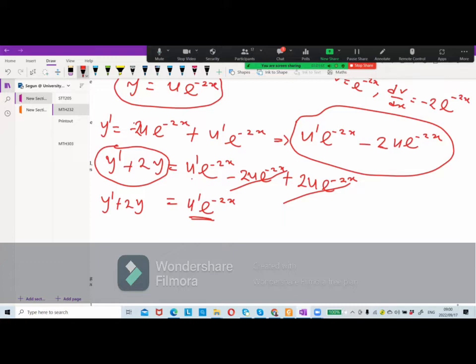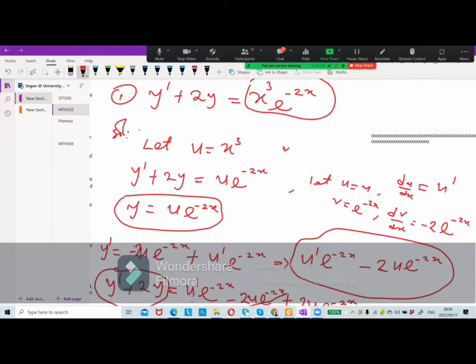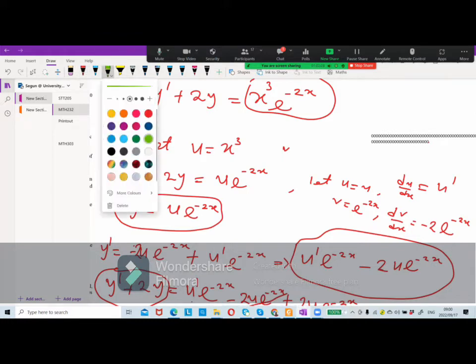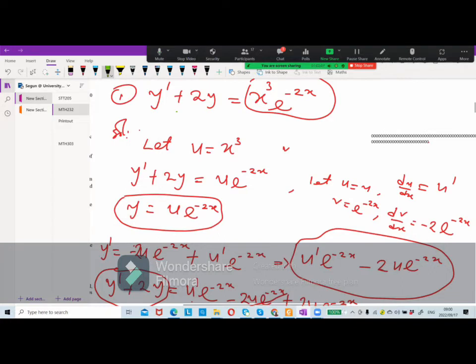But to your surprise, I can now go back to the equation here. This is what I did. I said everything here is equal to this. Now, we still have this, but the way we solve it, let me just show you.